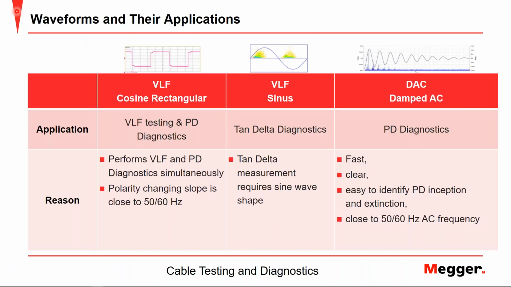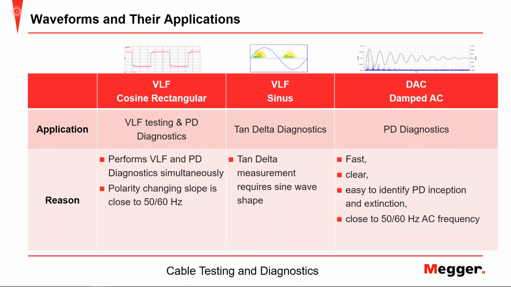This is a table that summarizes the different waveforms and their applications. First we have our cosine rectangular, and it's ideal for VLF testing and partial discharge diagnostics. For VLF testing, kind of outside of this but FYI, cosine rectangular utilizes the energy stored within the cable and allows for testing of longer cable.